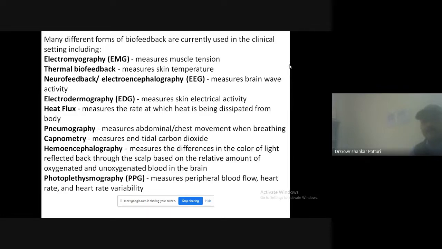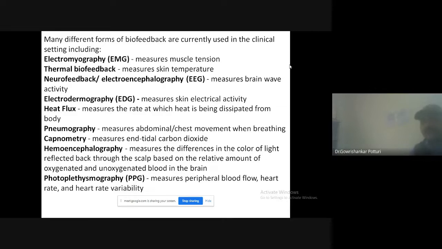Electrodermography measures skin electrical activity. Then we have heat flux, which measures the rate at which heat is being dissipated from the body. Pneumography measures abdominal and chest movement when breathing. Capnometry measures end-tidal carbon dioxide levels.